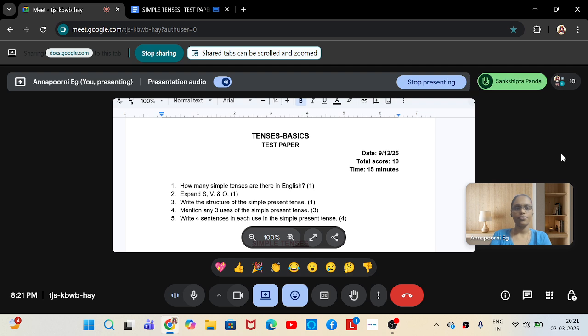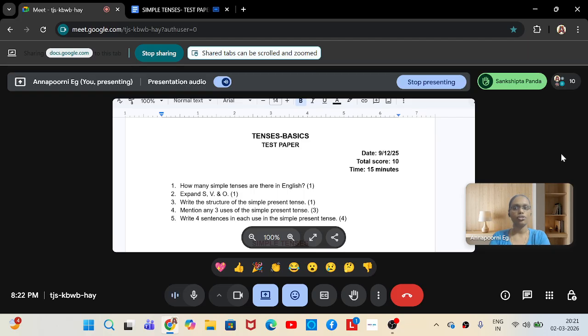So first question is for Soundarya. What is the structure of simple present tense? Subject plus V1 plus object. Good. Next is what is the structure of the present continuous tense? Subject plus V1 plus ing plus object. Okay, I think someone else can answer.